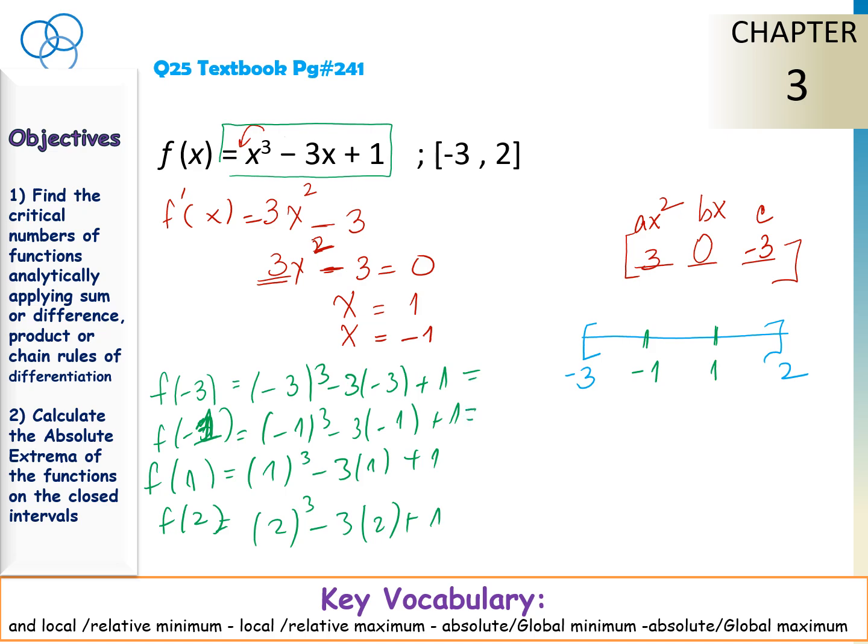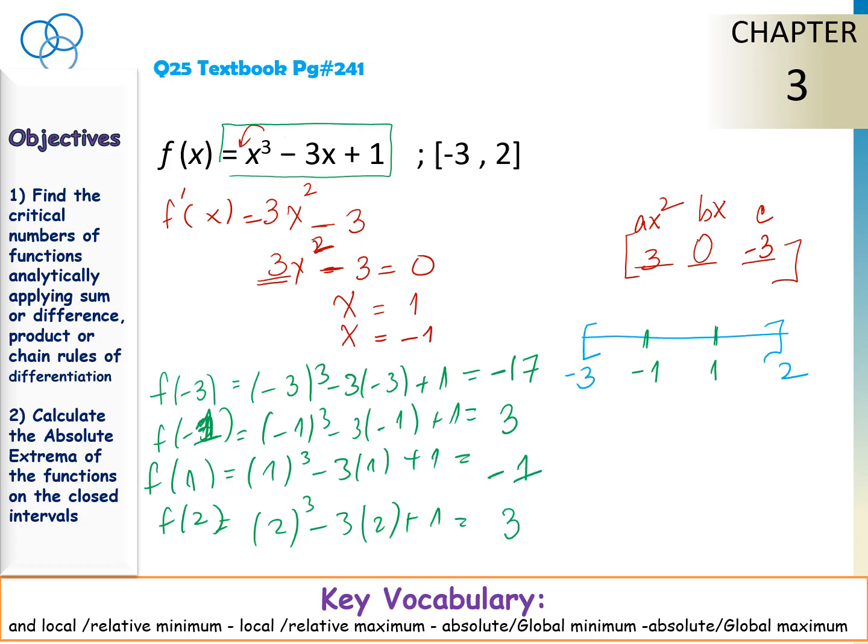Now write it in the calculator or do it mentally to get the final answer. So f of negative 3 gives us negative 17. f of negative 1 gives us 3. f of 1 gives us negative 1. And f of 2 gives us 3.